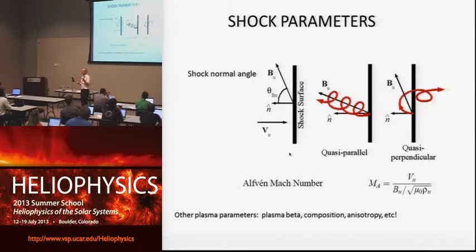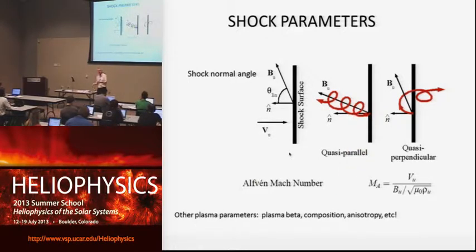So we only think about the flow speed normal to the shock. Any other component we can transform away by choosing a suitable frame. So only the normal component of the velocity counts in the Mach number, and actually only the normal component of the fast mode speed as well. The fast mode speed varies with angle, and you have to take that into account in the fast mode shock. The Alfvén Mach number is a convenient way of saying whether it is a strong shock or a weak shock.